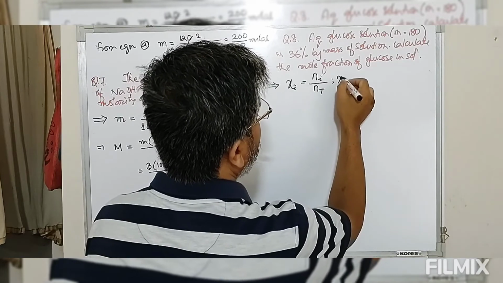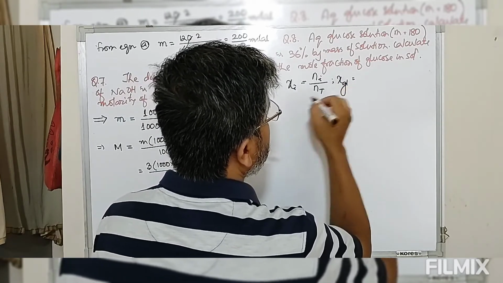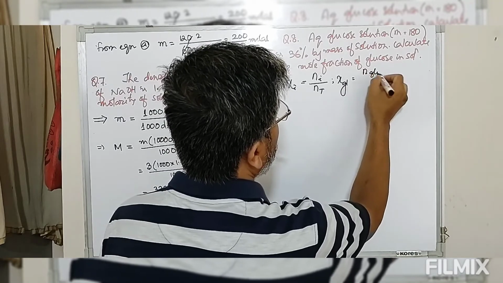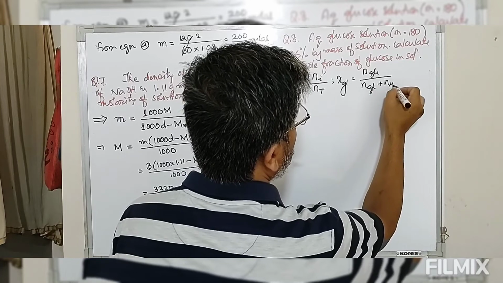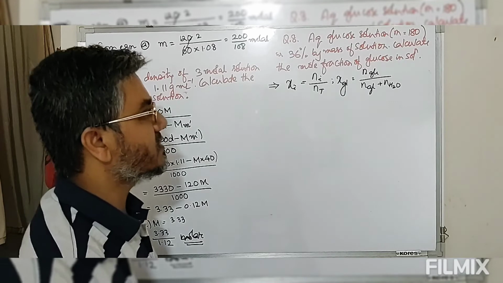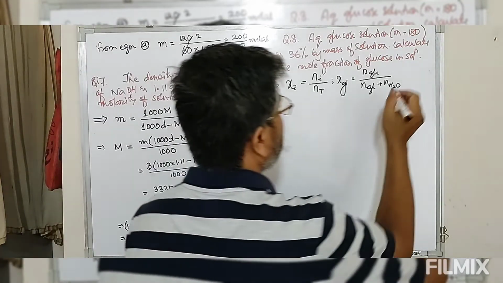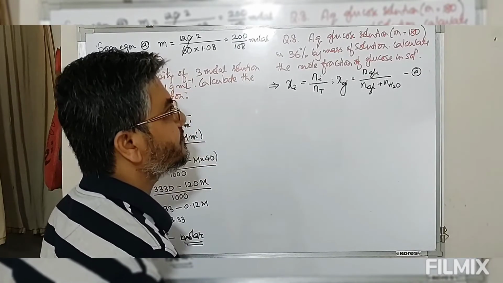So if I have to define the mole fraction of glucose, then this is equal to number of moles of glucose divided by number of moles of glucose plus number of moles of water. So we have to find number of moles of glucose as well as number of moles of water to define the mole fraction of glucose in solution.